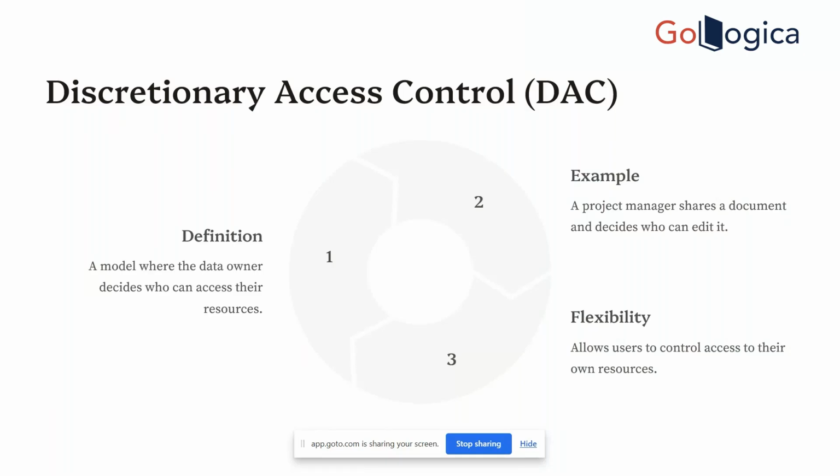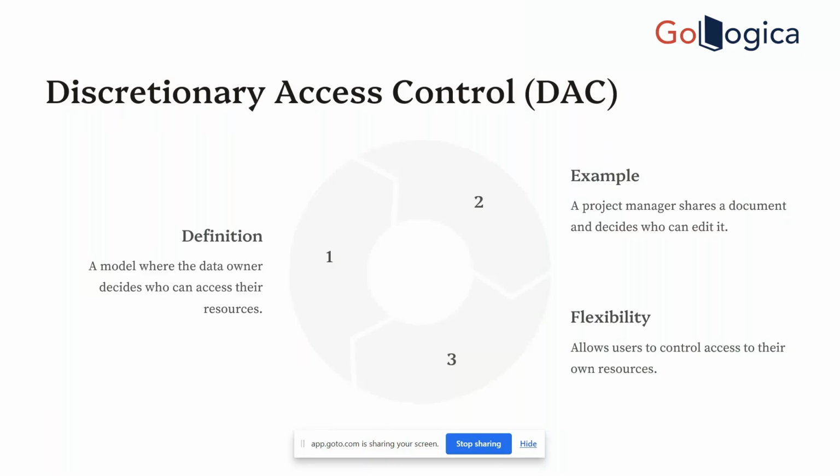For example, a project manager shares a document and decides who can edit it. He does not give that permission to all of his team members. If every person can edit that document, a lot of ambiguities come into the picture.